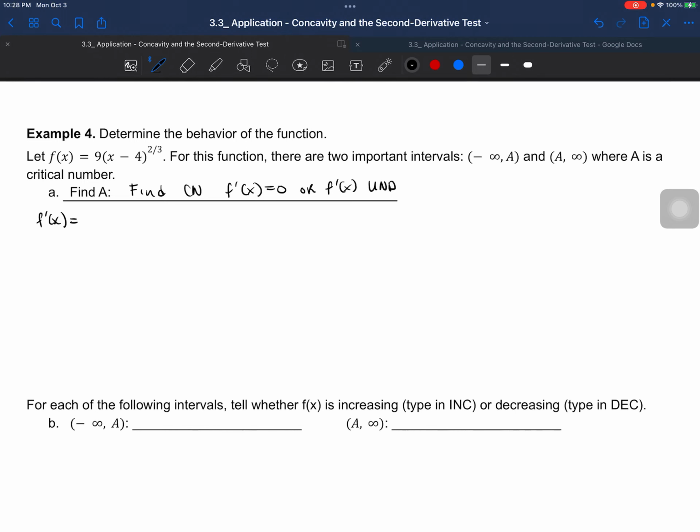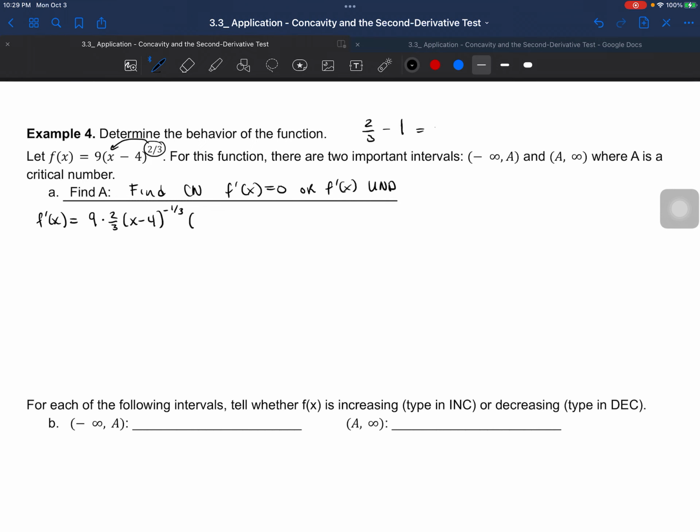All right, so let's find the derivative first. And the derivative of this by using chain rule is going to be 9 times the product of the power, which is 2 over 3, x minus 4, and then subtract 1 from the power. So that'll be 2/3 minus 1 is negative 1/3, right?